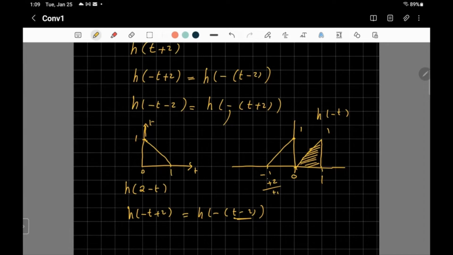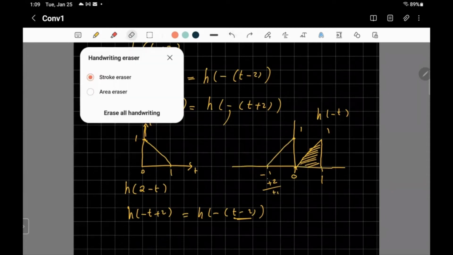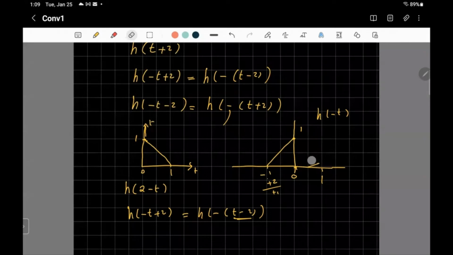Oh, yeah, right. Because I'm moving this point. You are right. Yes, that's fine. We can erase this. Okay, it's easy. So it actually starts from 1, because I'm moving this point. You are right. So that would be from 1 to 2, and you have the triangle. That will be h minus t plus 2 that I simplified. That's h minus t plus 2.